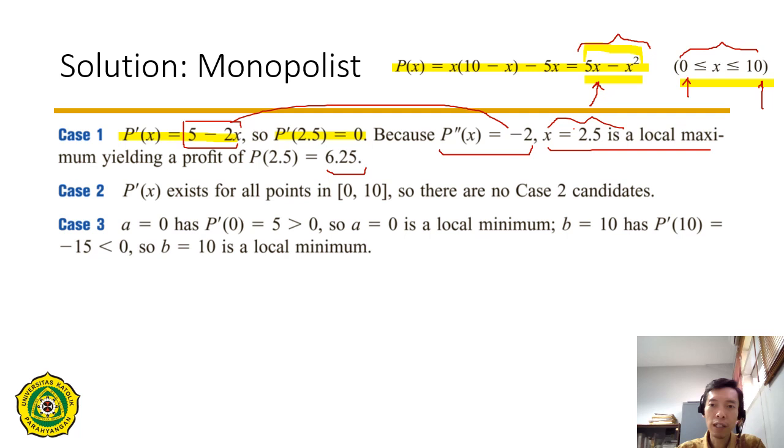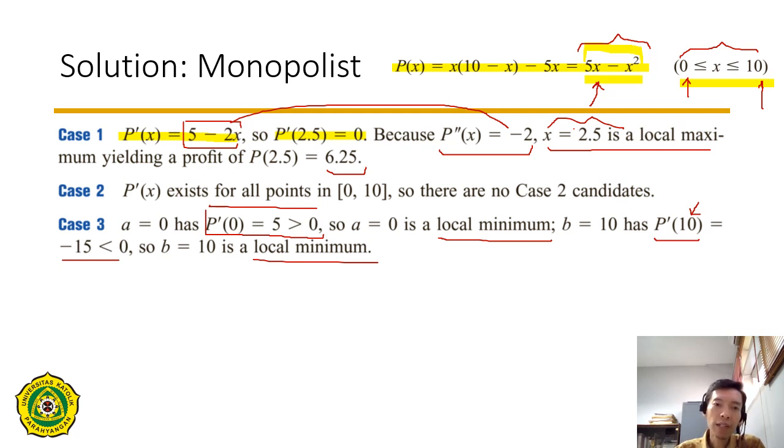For x equal to 0, we check that the first derivative at that point is positive. Positive means that it is a candidate for a local minimum. And then for the upper bound, the first derivative at x equals 10 is minus 15, because it is decreasing, which means again it is a candidate for a local minimum.